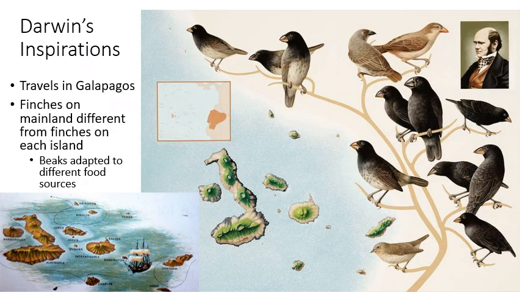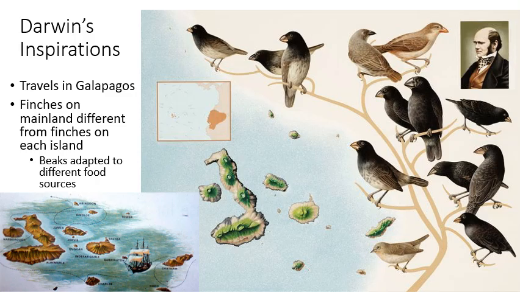In addition to different finch species on the different islands, you also have different plant species on the different islands, and finches will eat seeds for their diet. And Darwin noticed that all the different finch species have different beak shapes, and it looks like the beak shapes of the finch species are really well matched to the kind of seeds that are most commonly found on the island that finch lives on.